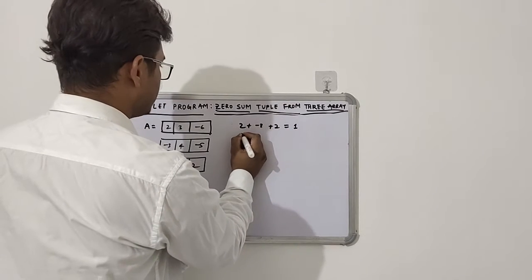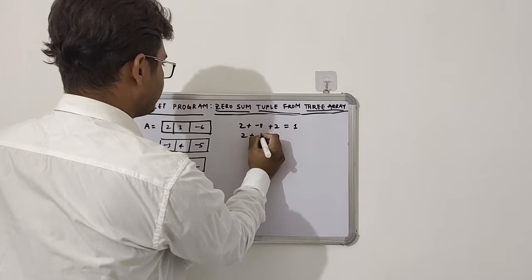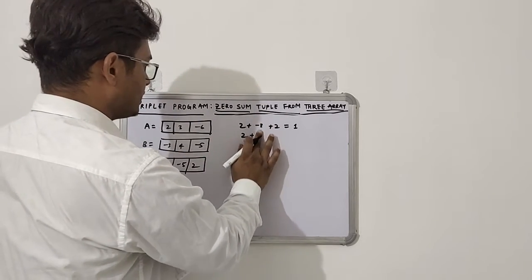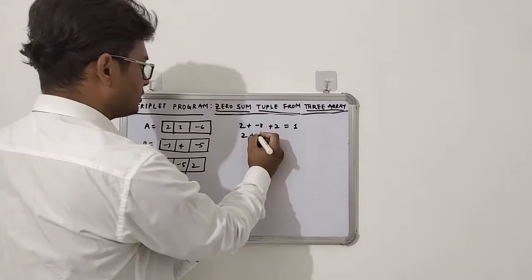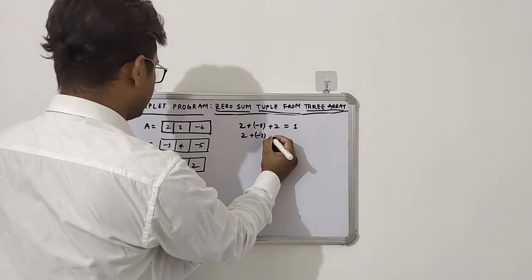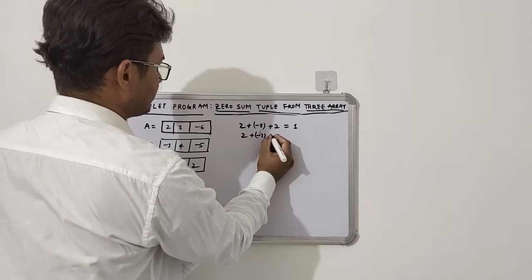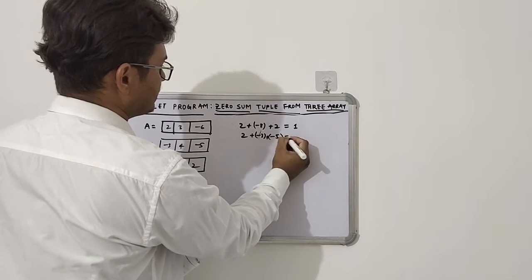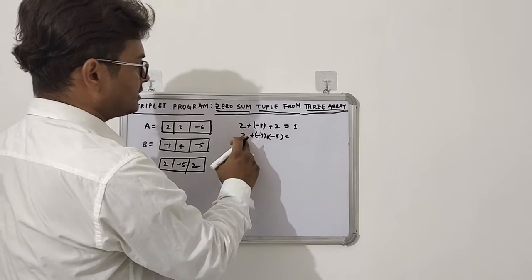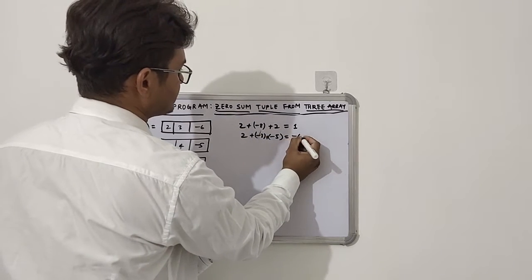We have to execute all of them. 2 minus 3 minus 5, then what is the total sum, this is minus 8 plus 2, this is minus 6.